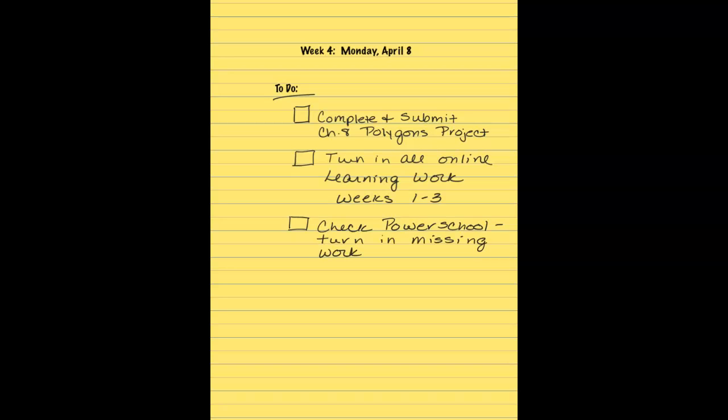In Google Classroom, I am opening up a new tab that will be labeled Quarter 3 Missing Work. In this tab, you will have the option to submit assignments. If there is an assignment listed in PowerSchool that is from before this period of online learning that you have not completed yet, you can still turn that in to me for credit.